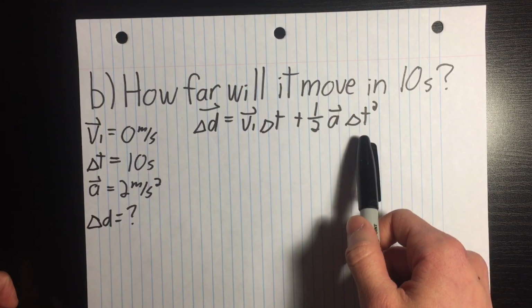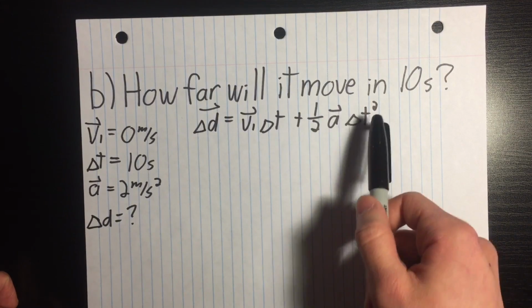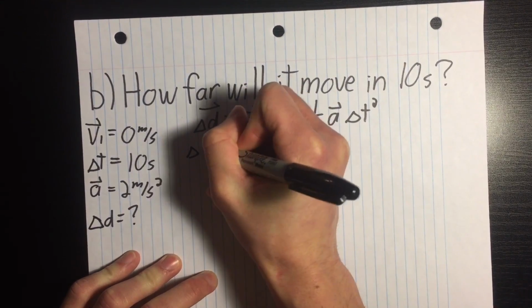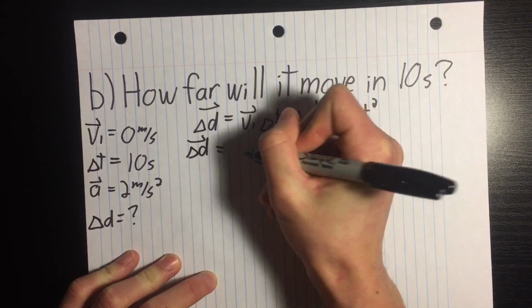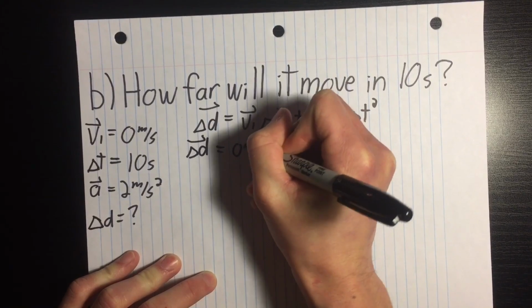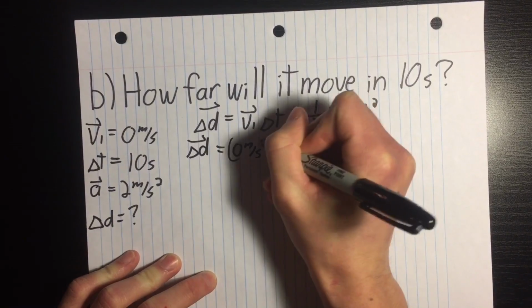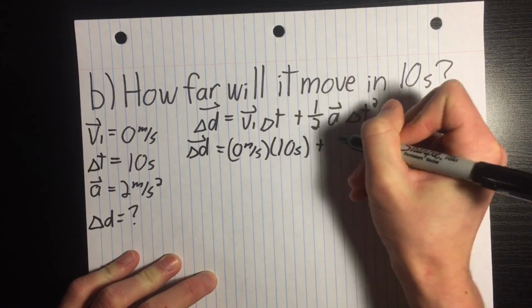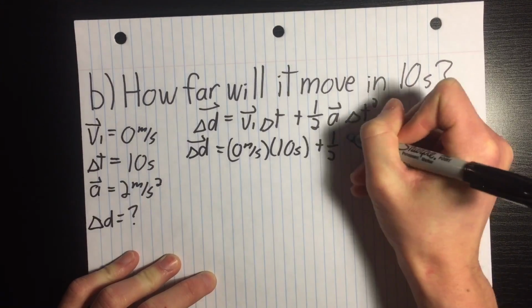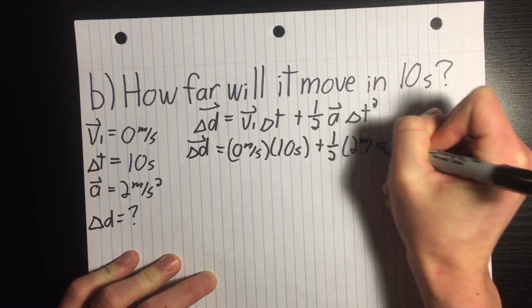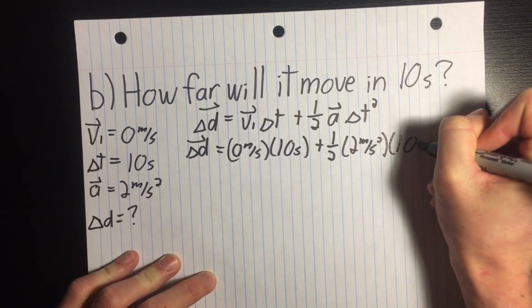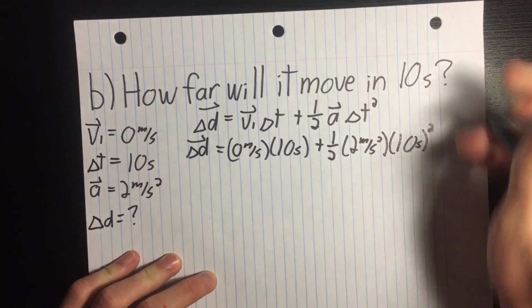And once again we have delta T, which is 10, and we're going to square that. So if we write this out, it's delta D equals 0 meters per second times 10 seconds plus 1/2 times 2 meters per second squared times 10 seconds, squared.